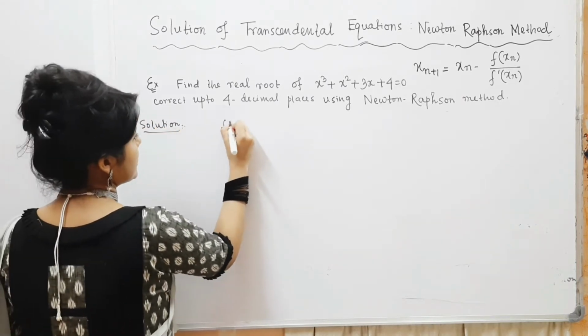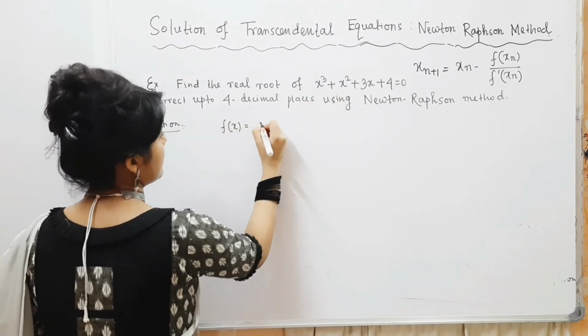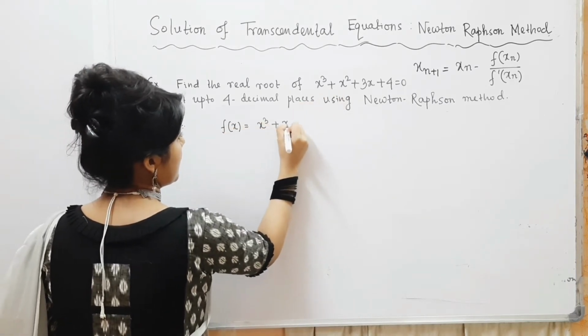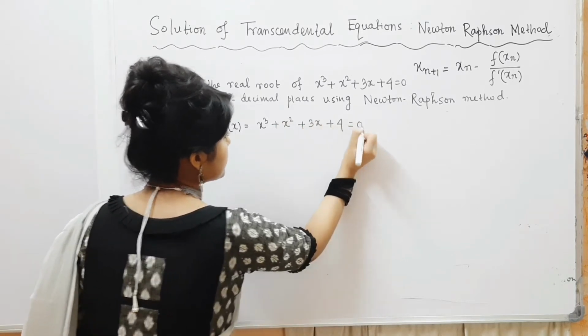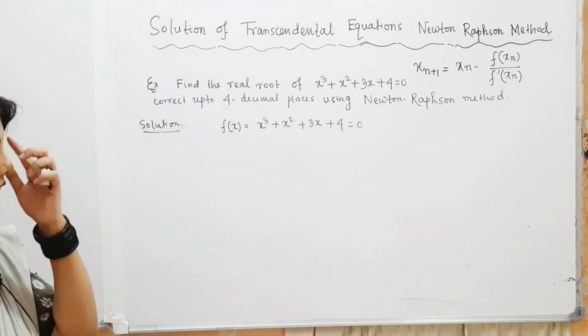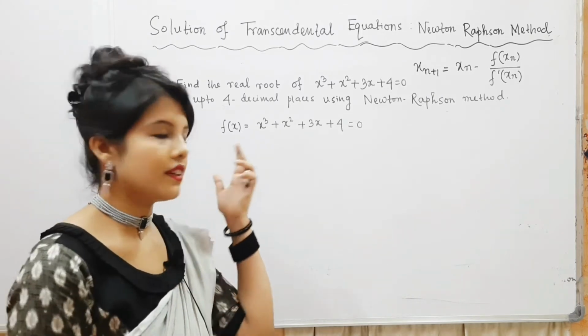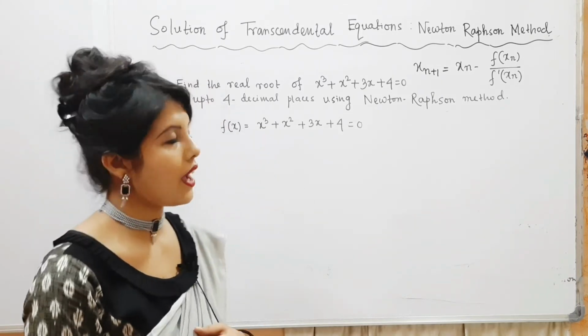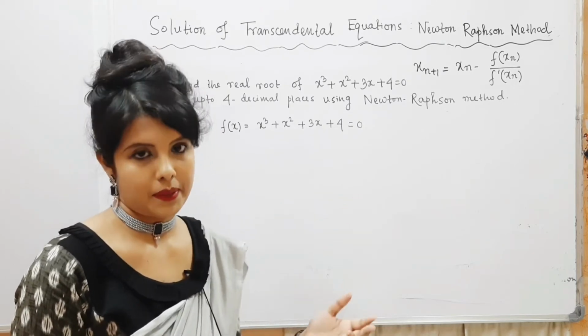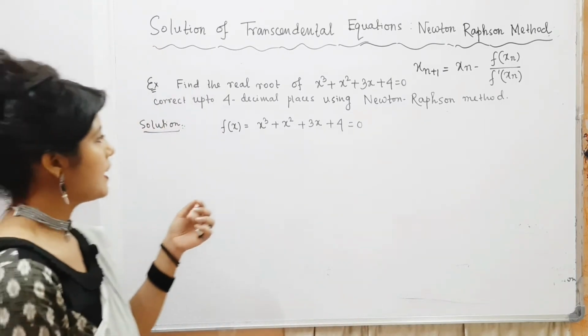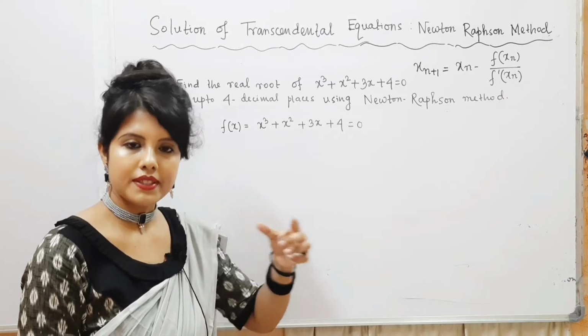So here, what is f of x? f of x is this one, that is x cube plus x square plus 3x plus 4 equal to 0. This is the transcendental equation. Now you have to find out the root of this equation up to 4 decimal places after the point.